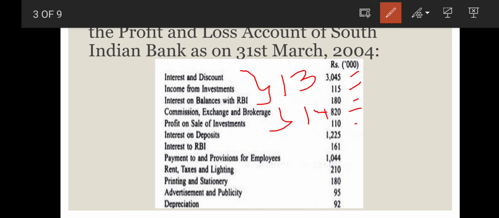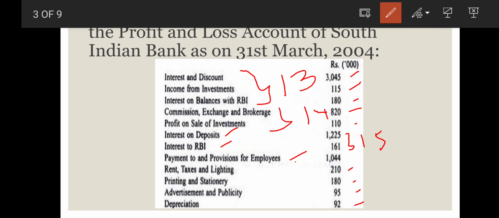Next is interest on deposits 1225 and interest on RBI 161. It will come in Schedule 15. Next, payment and provision for employees 1044, rent, tax and lighting 210, printing and stationery 180, advertisement and publicity 95, depreciation 92.